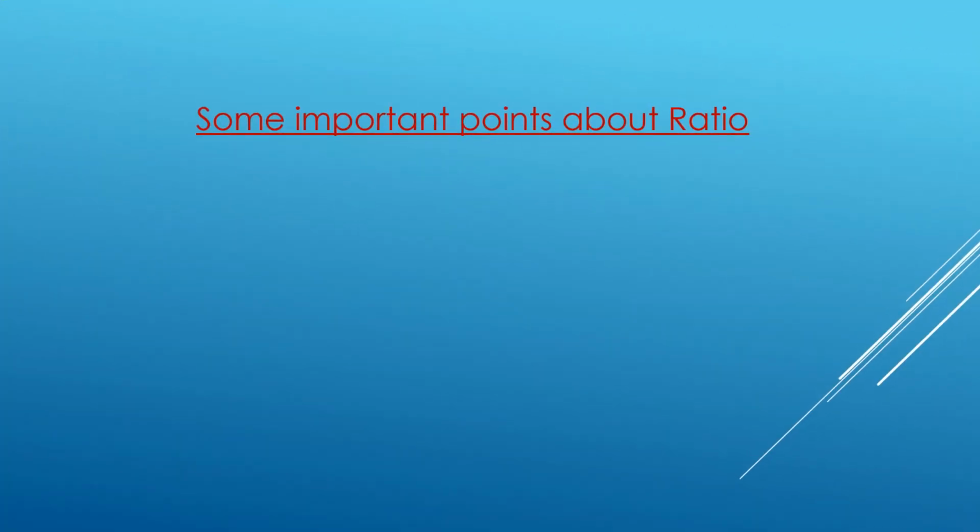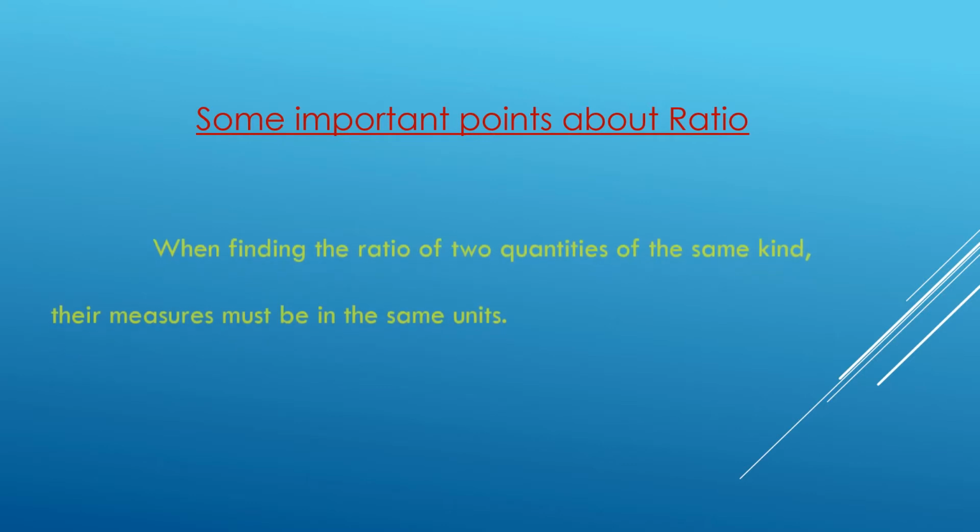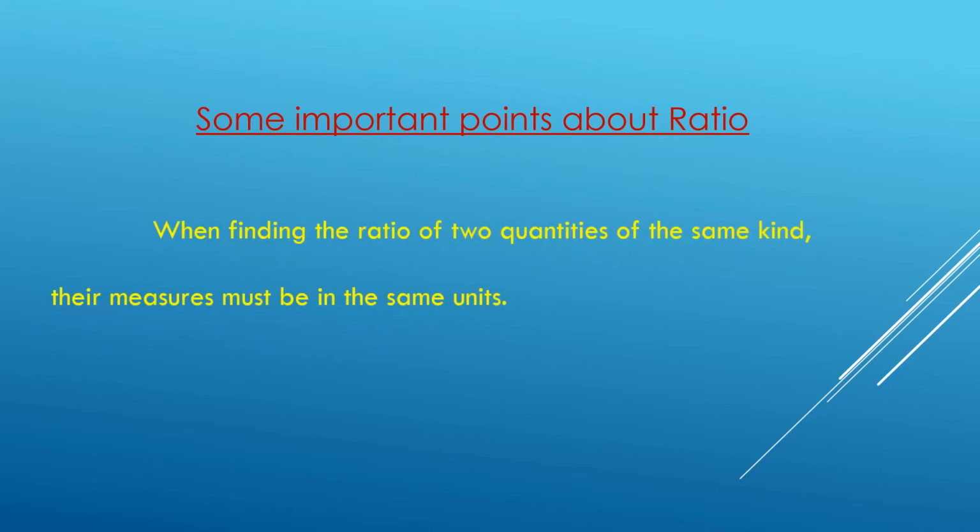Some important points about ratio. When finding the ratio of two quantities of the same kind, their measures must be in the same units. Example 1. Here the first one is 20 liters and 30 liters. These two quantities are in the same units.